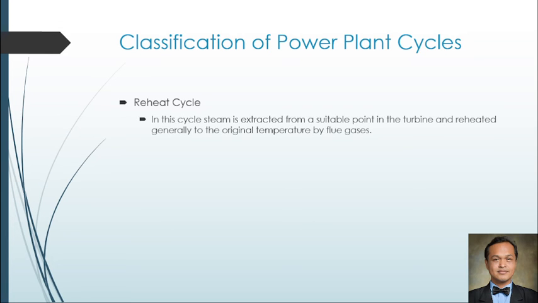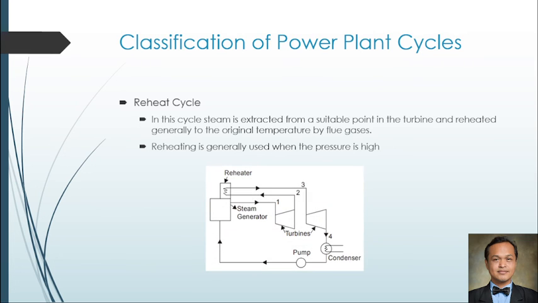In a reheat cycle, steam is extracted from a suitable point in the turbine and reheated, generally to the original temperature, by flue gases. Reheating is generally used when the pressure is high.